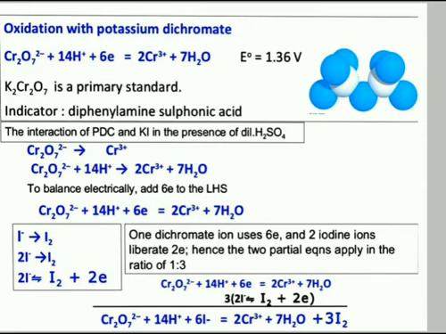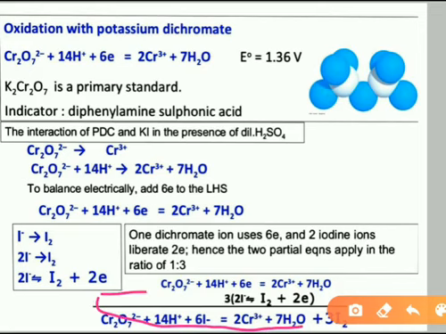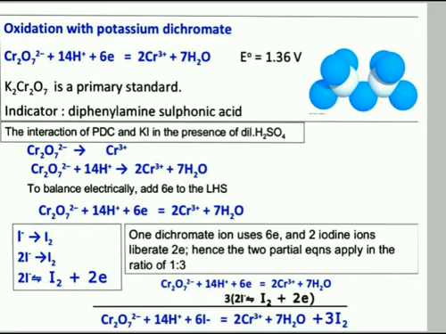Hence the two partial equations apply in the ratio of 1:3. Here is the final equation we are getting. So this is the titration of potassium dichromate with potassium iodide.